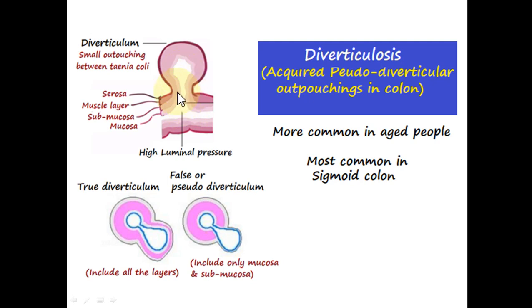If the whole wall of the intestine is outpouched and if it forms a sac, this is called the true diverticulum.